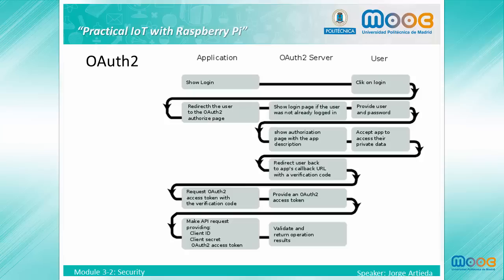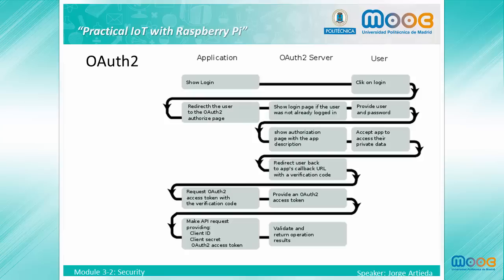In the OAuth protocol, first an application shows a login button. Then the user clicks on this button, which redirects the user to the OAuth authorization page on the OAuth server. This page shown in the OAuth server is where the user provides the password, not in the application.